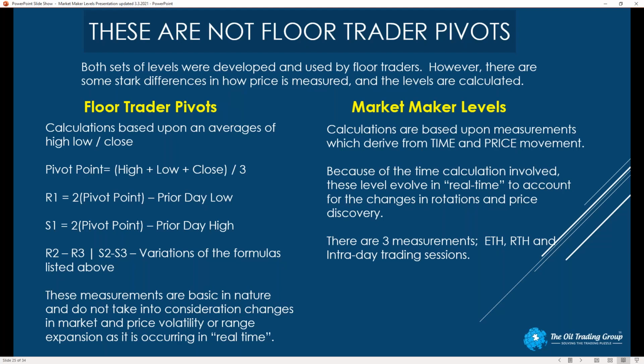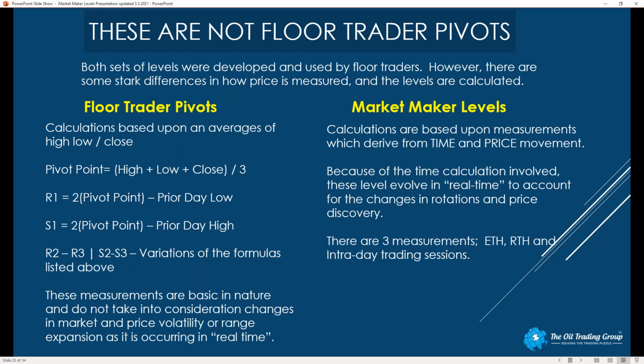So floor trader pivots, for those of you that are unfamiliar, and for those of you that are familiar, this will be a refresher. There is a center line, right? There is a center point called the pivot point, and that level is derived by the high, low, and close from the prior day session, and divided by 3 gives you a price.